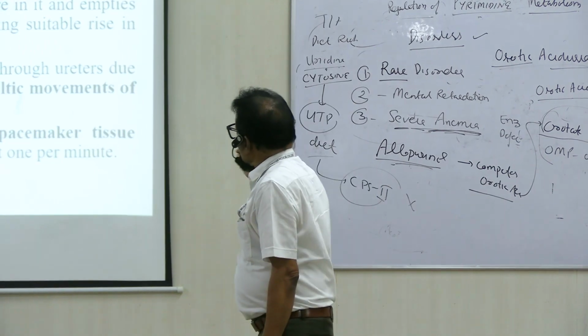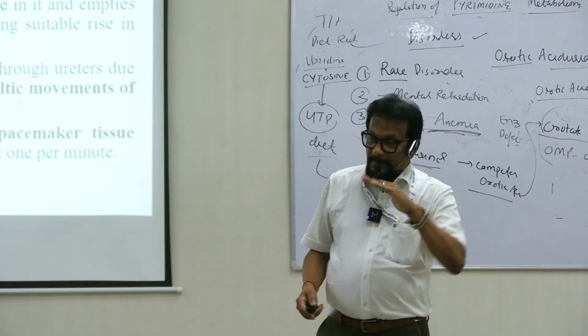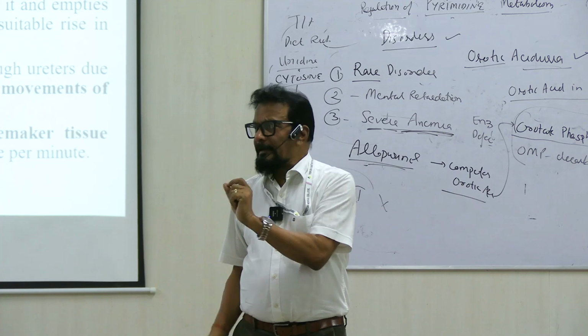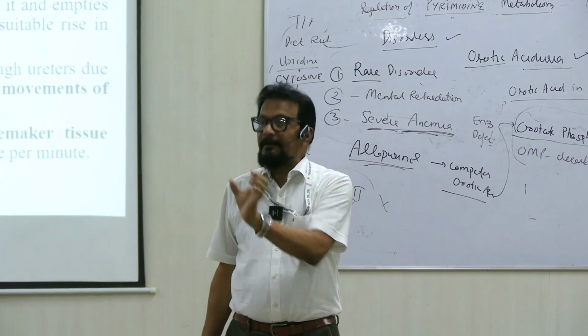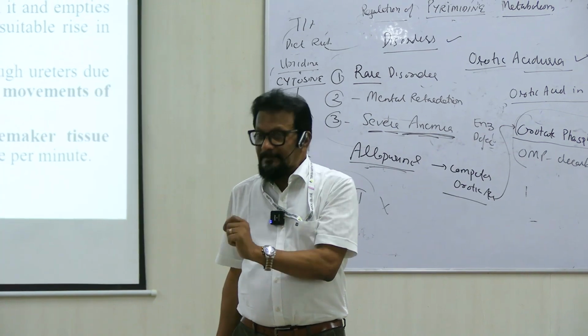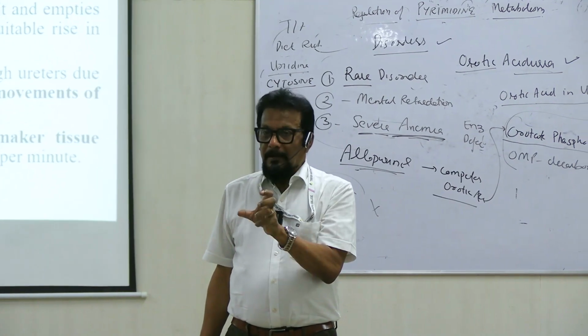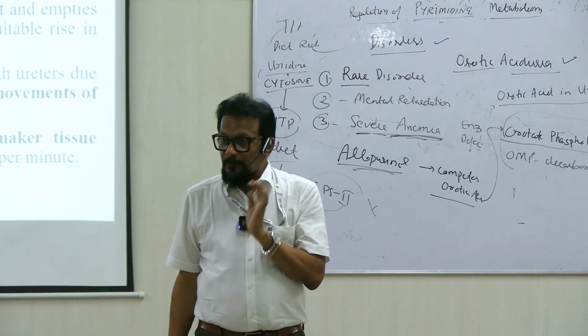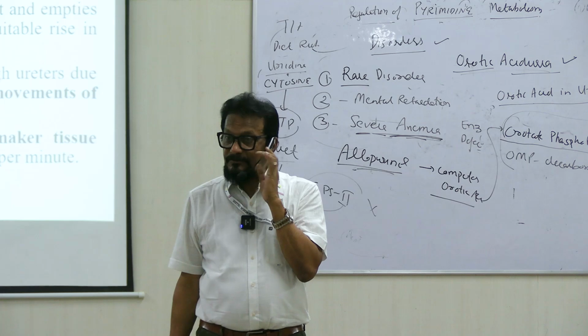Okay, so when pressure is rising, at the end nearly 400 to 450, 500 ml of urine is accumulated in the urinary bladder, then we'll feel like urination. Okay, then urge will develop in us.